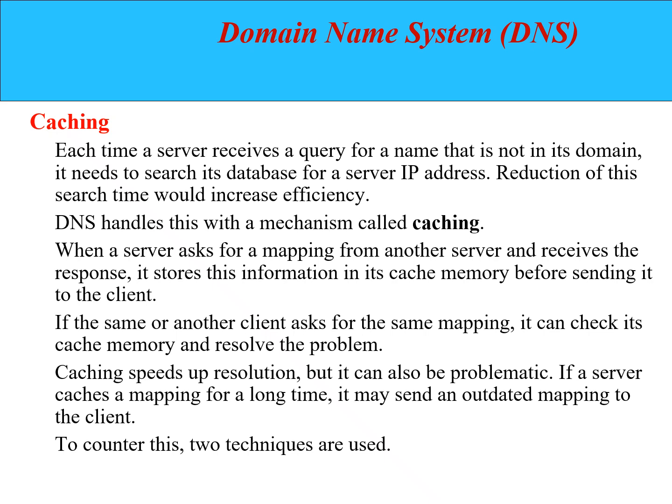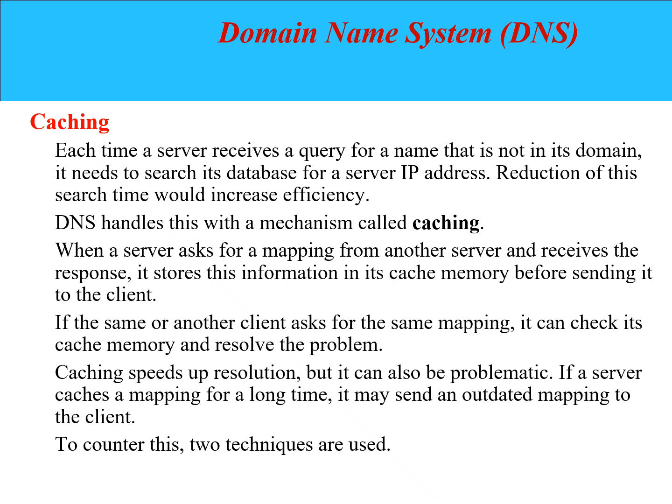Each time a server receives a query for a name that is not in its domain, it needs to search its database for a server IP address. Reduction of this search time would increase the efficiency. So DNS handles this with a mechanism called caching. When a server asks for a mapping from another server and receives the response, it stores this information in its cache memory before sending it to the client.